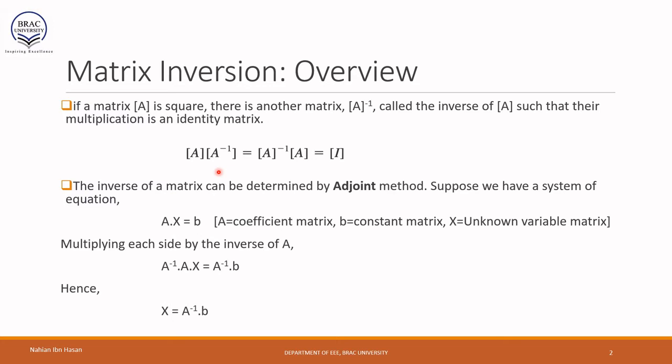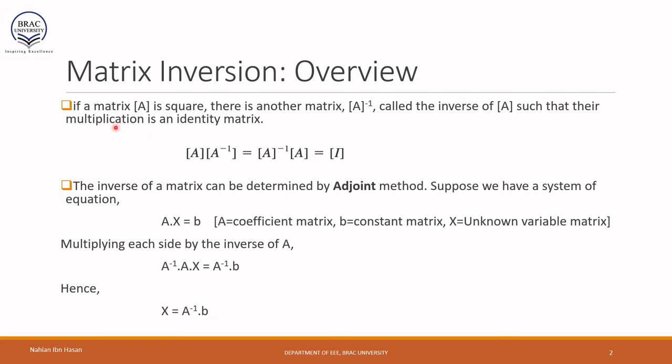Another precondition is that the matrix cannot be a singular matrix. You must have a finite determinant value of that matrix. So remember, these two conditions must be fulfilled to invert a matrix.